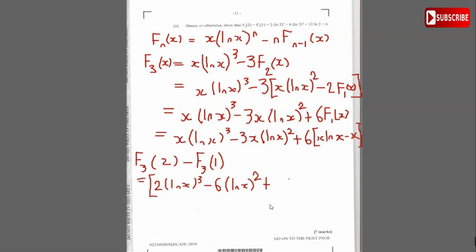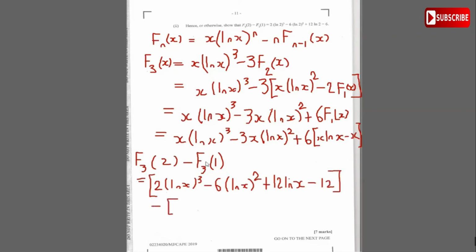So erase that and put plus 12 ln x. Then you put x as 2 here, you get 6 times 2, that's minus 12. You close up that bracket, and then you subtract.